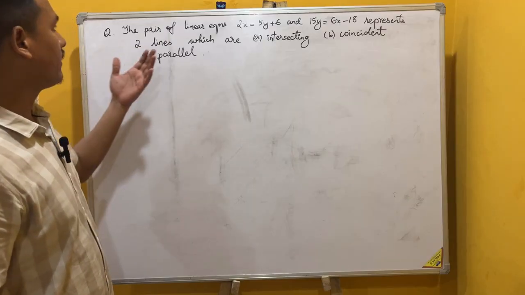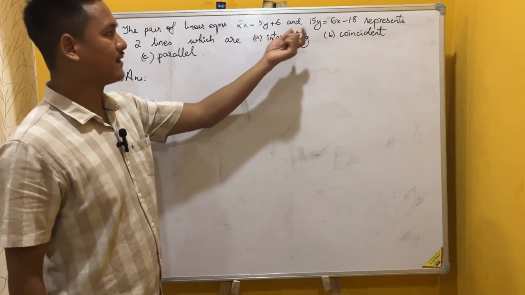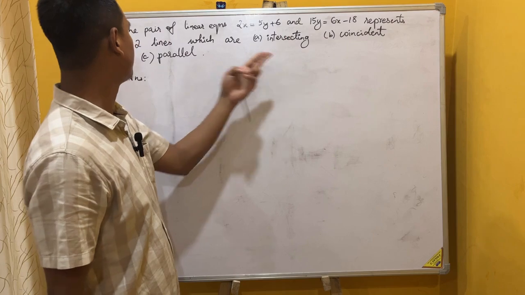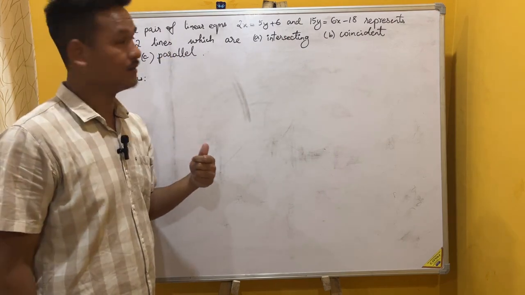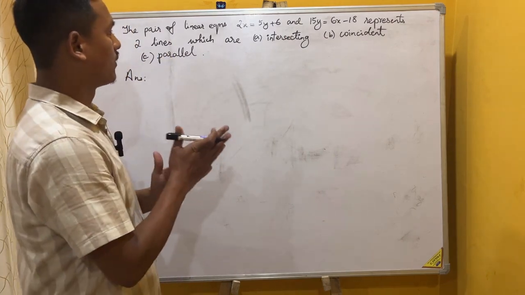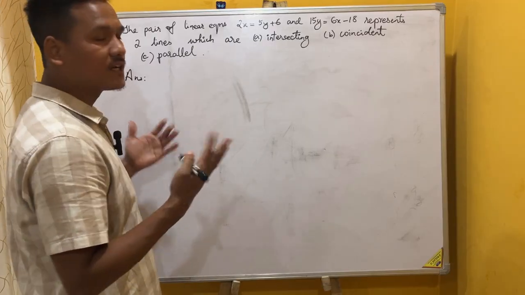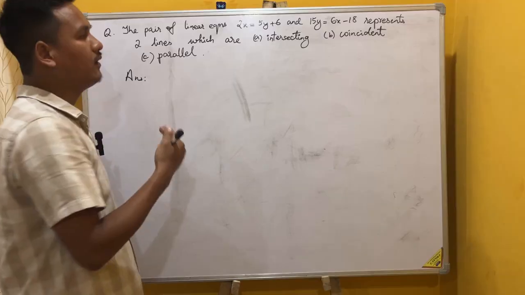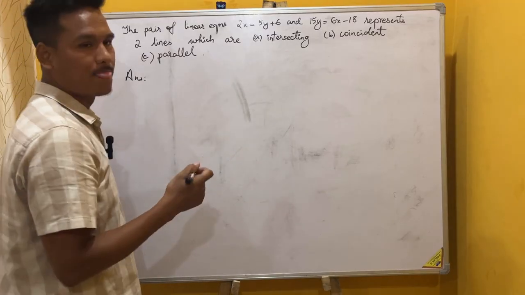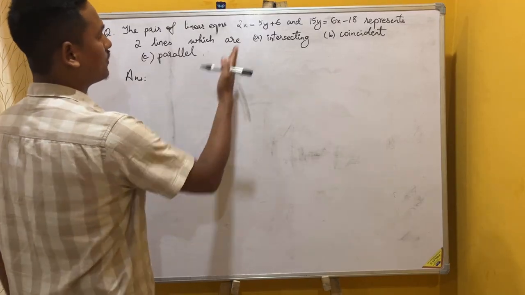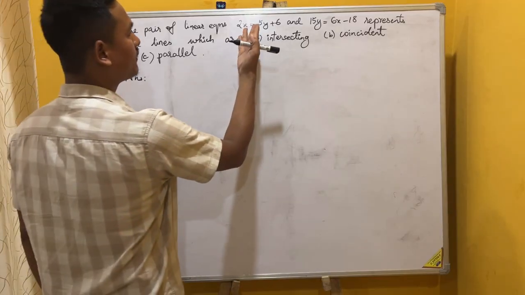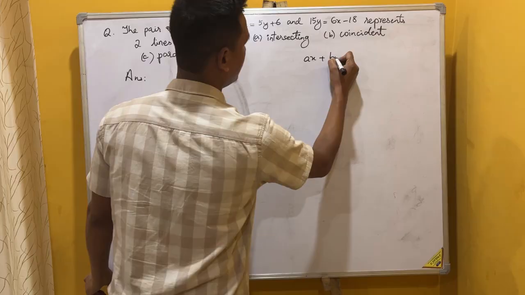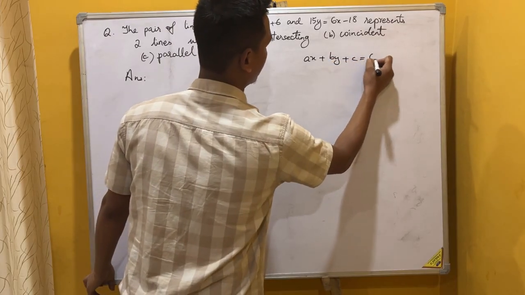It says the pair of linear equations, this and this, represents two lines which are intersecting, coincident or parallel. So which is the correct answer? Either they are intersecting, coincident or parallel. We will check it. So what do we do? First we write the two equations in this form: ax plus by plus c equals 0.